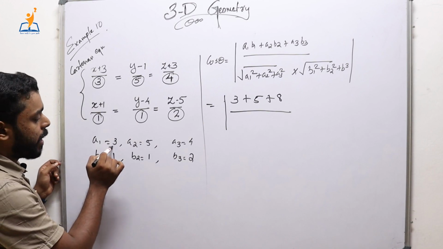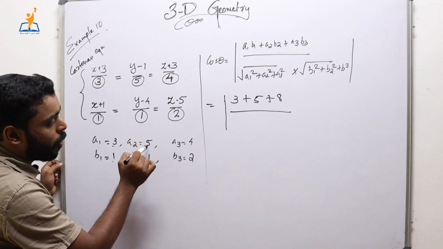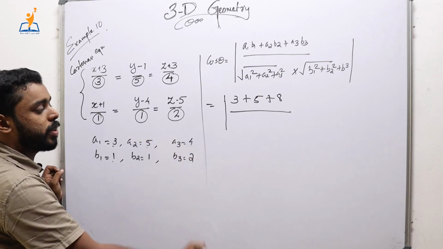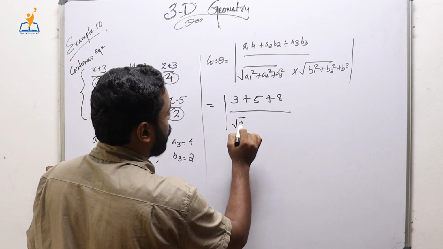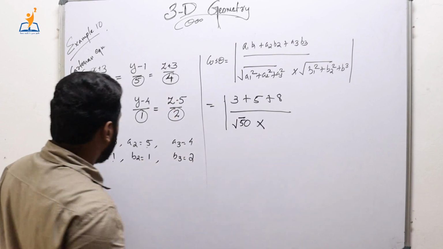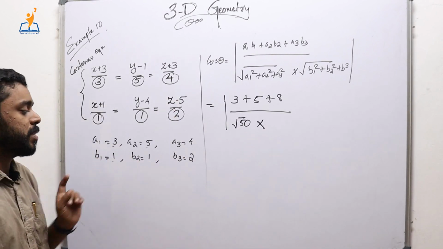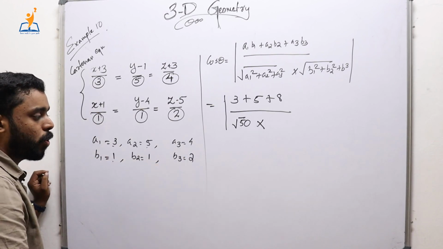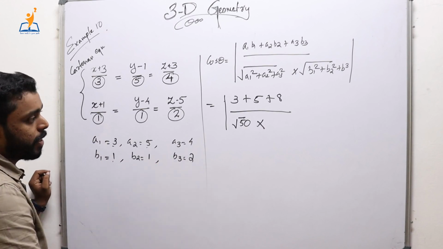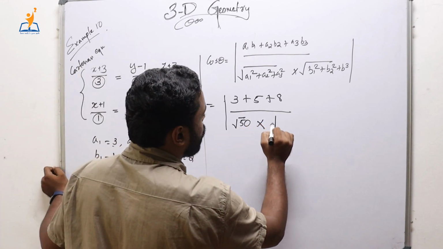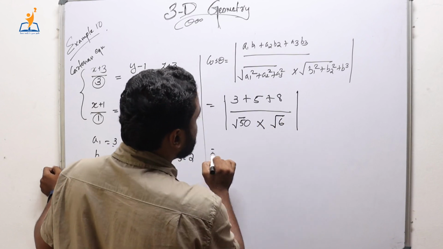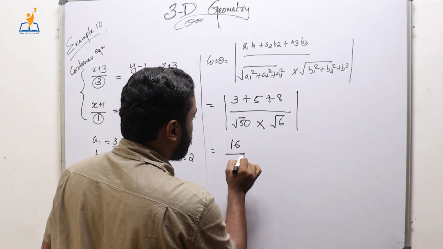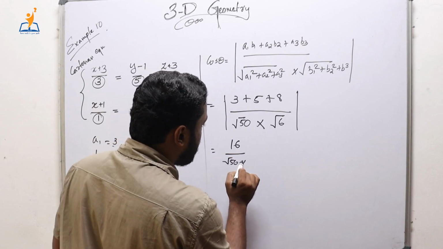It is equal to 9 plus 25, 34, plus 16 is equal to 50, so square root of 50, right, into root of B1 square plus B2 square plus B3 square, equal to 1 square plus 1 square plus 2 square, 1 plus 1 plus 4 equal to 6. So we have root 6 here. Now the numerator is 3 plus 5 plus 8 equal to 16, so 16 by root 50 into root 6.